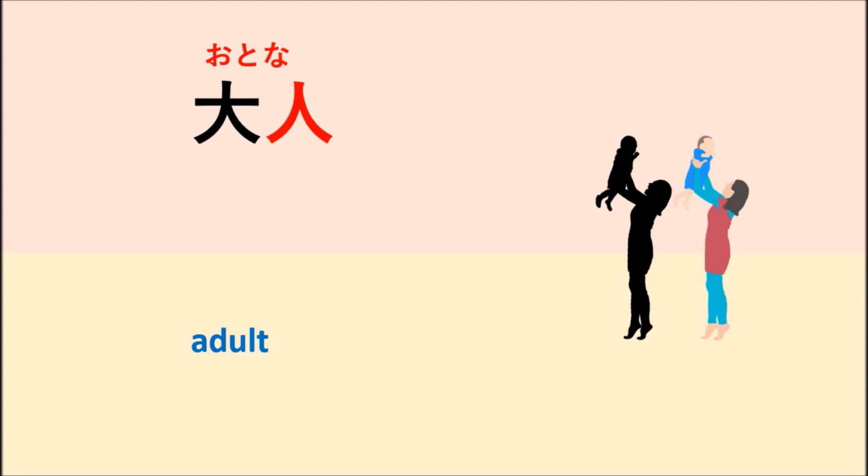Here we have the kanji of oki, not oto, which means big, and it is put together with the kanji of hito. This means big person, but they don't say big person, they say adult. They mean you have already grown up to be a person by yourself.